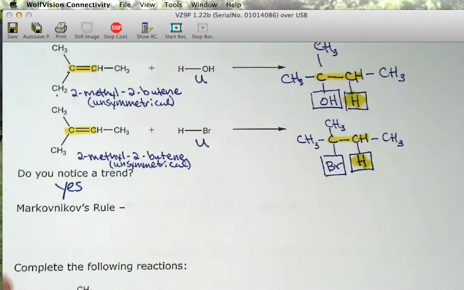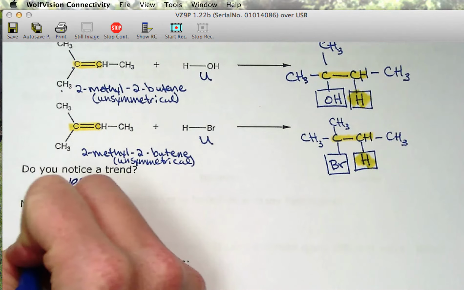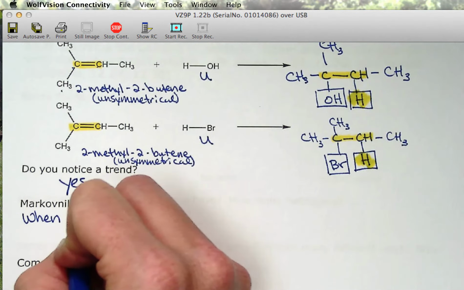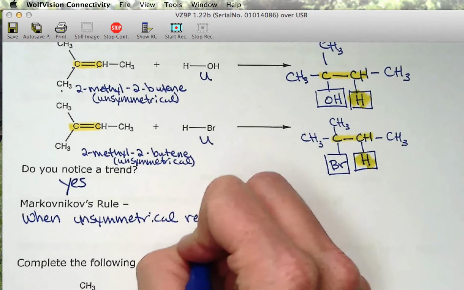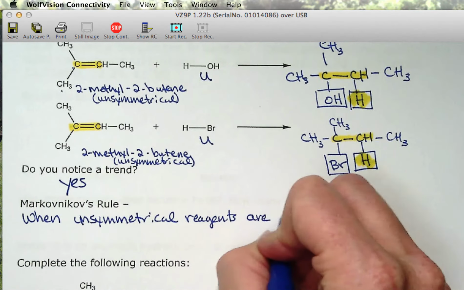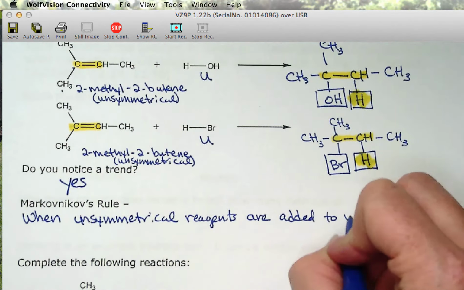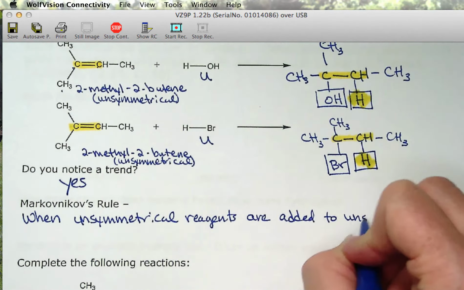I'm going to change this up a little bit. So, when unsymmetrical reagents are added to unsymmetrical alkenes, hydrogen always goes to the carbon with more hydrogens.